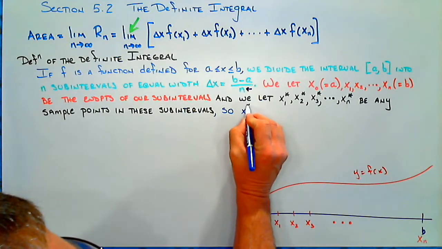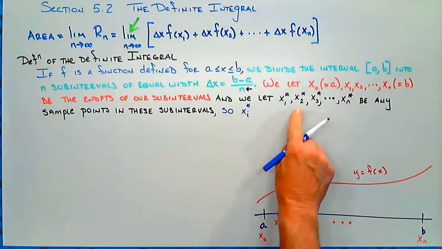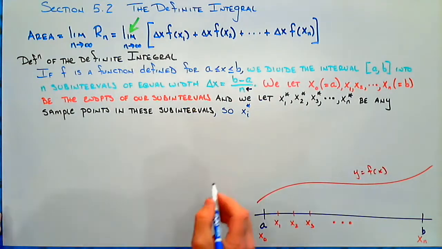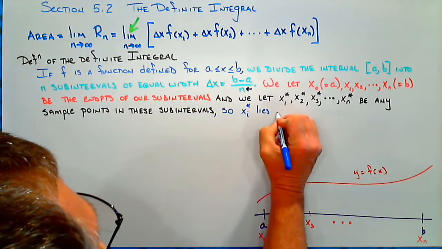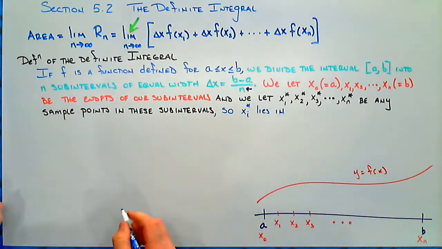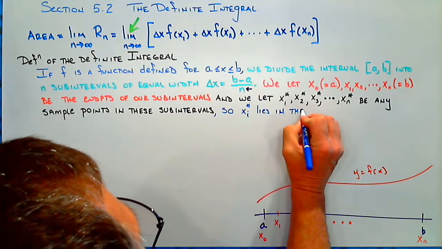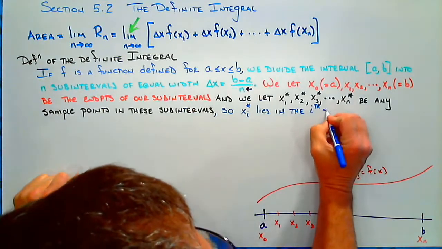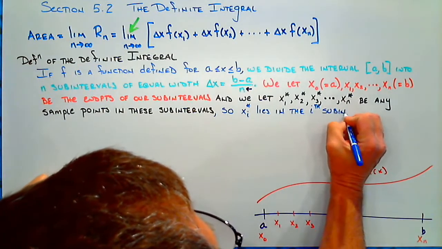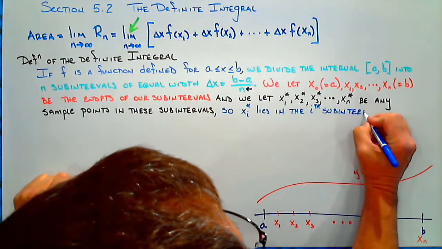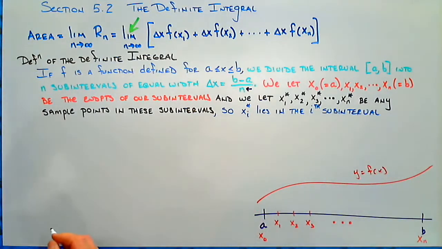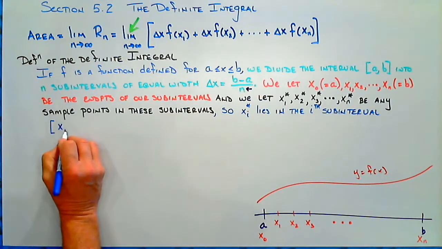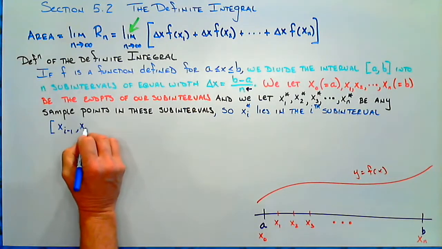So x of i star, okay, the ith value in this list, lies in the ith subinterval. And then he tells us what the ith subinterval is. He says, well, that's the interval that goes from x sub i minus 1 to x sub i.